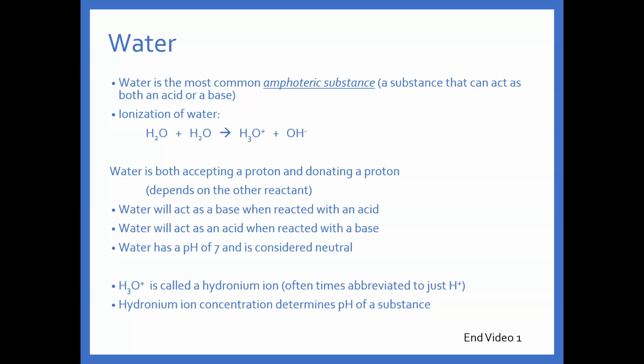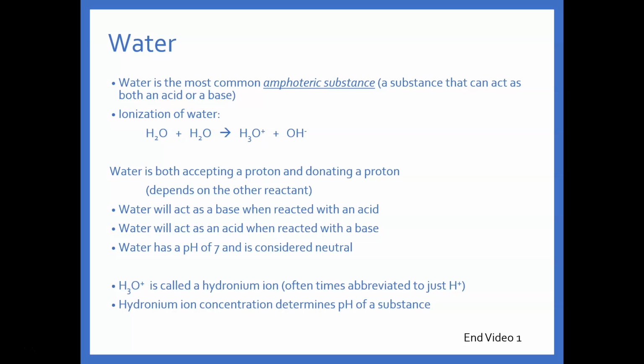If you have two water molecules, H2O plus H2O, it ionizes to be H3O plus and OH minus, literally the acid and the base ions essentially. It is creating a conjugate acid and a conjugate base when it ionizes, thus meaning it is an acid and a base. That's because water is both accepting and donating protons. Water will act as a base when it's reacted with an acid, and it will act as an acid when it's reacted with a base.